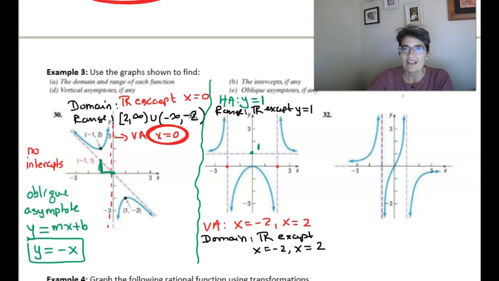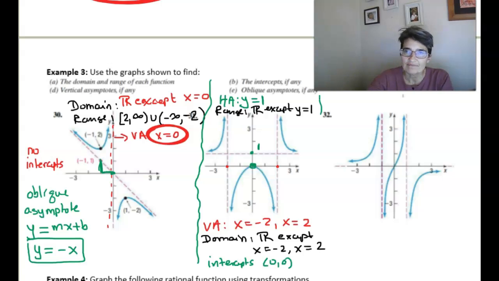All right. Let's see, are there any intercepts? Yes, there's one intercept right here. So this is both an x and a y intercept. So intercepts at 0, 0.